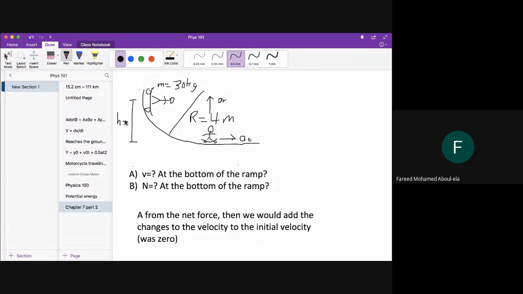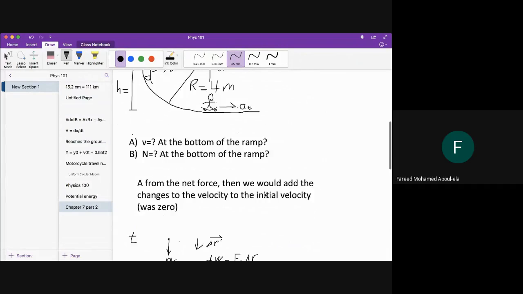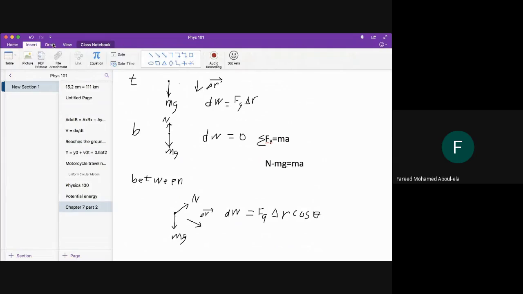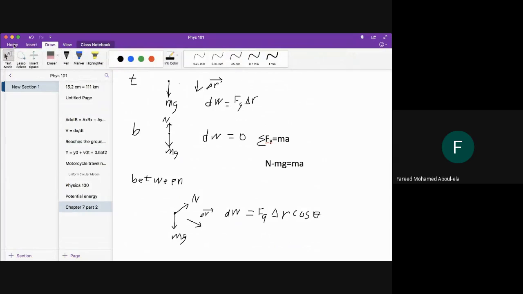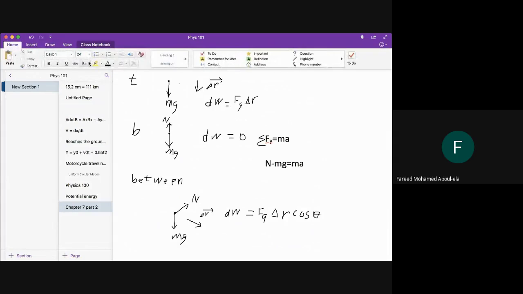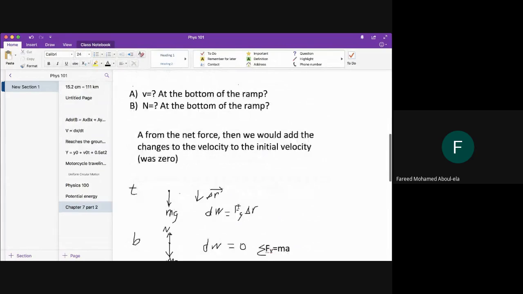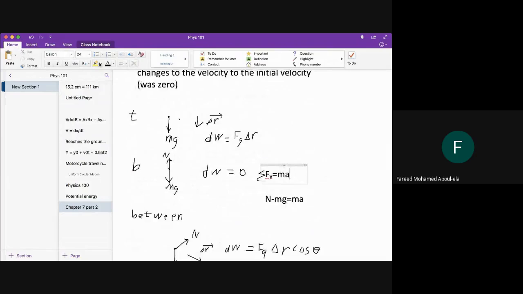But the component of the acceleration in the y direction, I should write it. Sorry. I should write the acceleration here as a sub y, okay? Which is the radial acceleration.